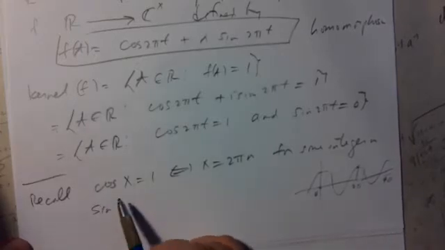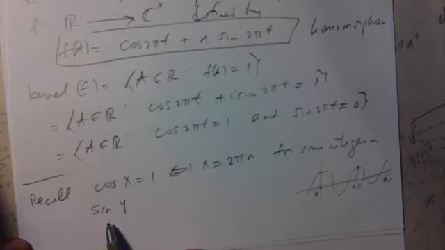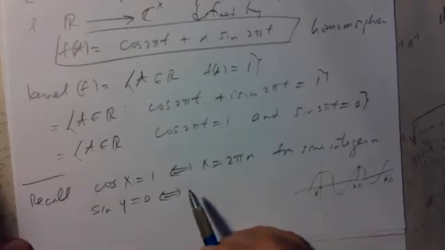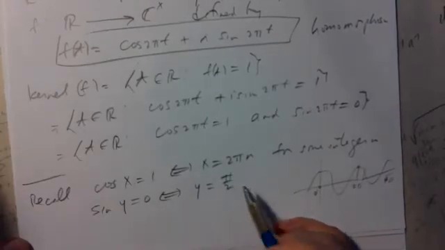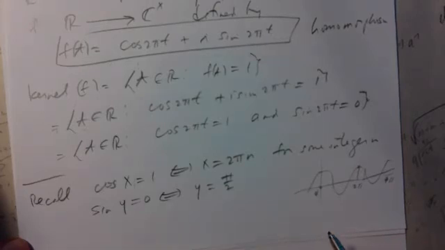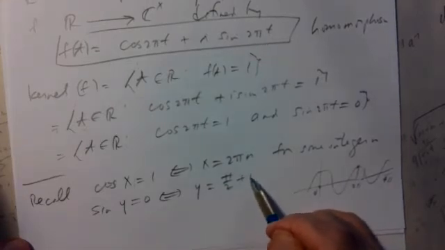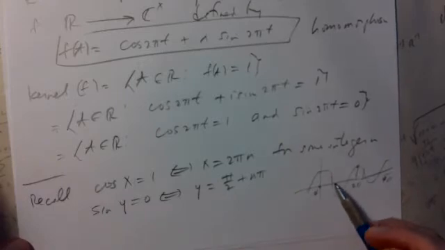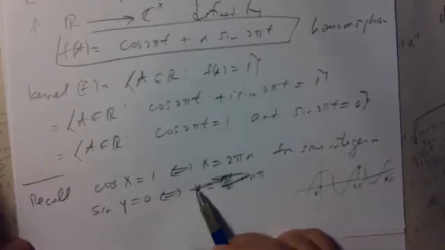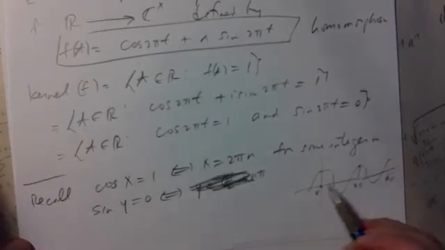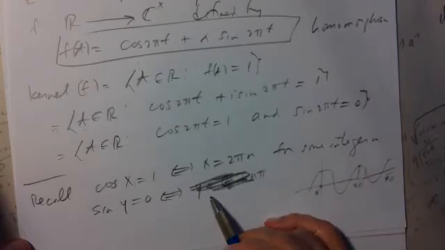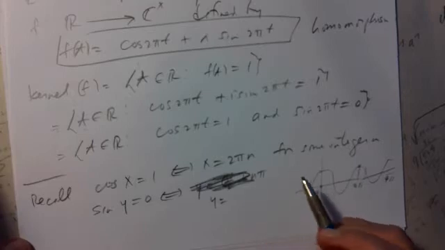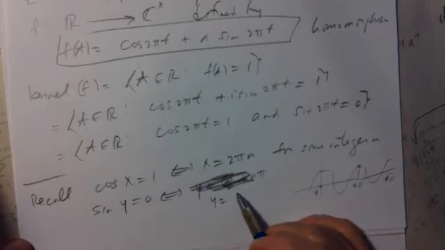And sine of y equals 0 if and only if, if sine of y is 0, what does the sine look like? It's equal to 0 if y is equal to some multiple of pi.